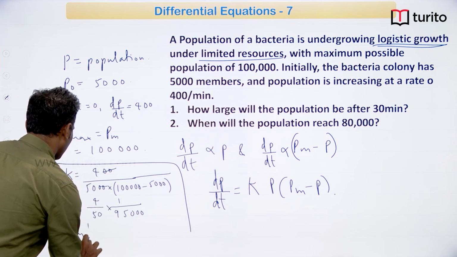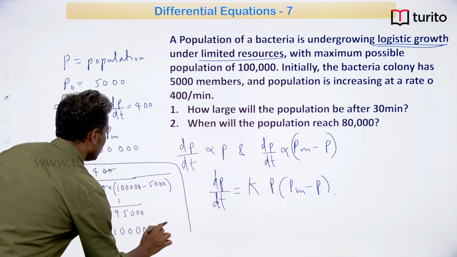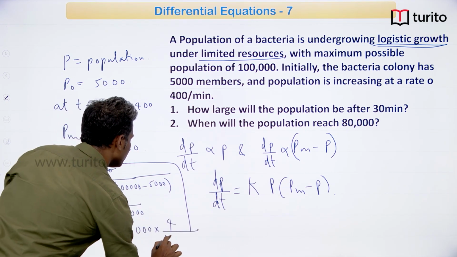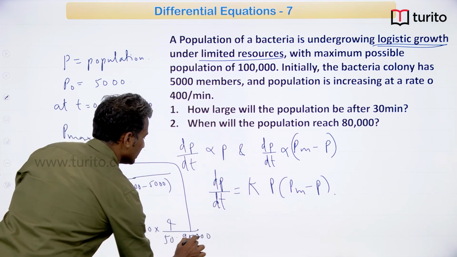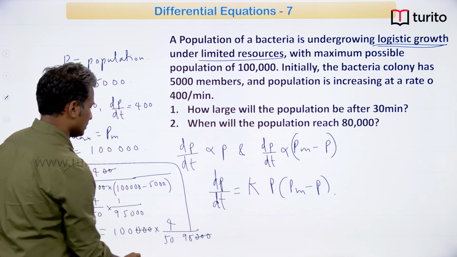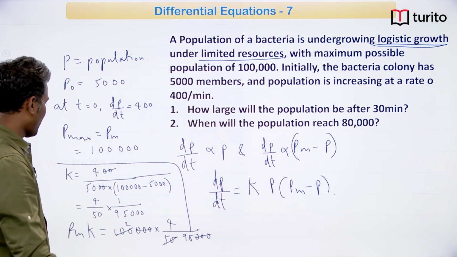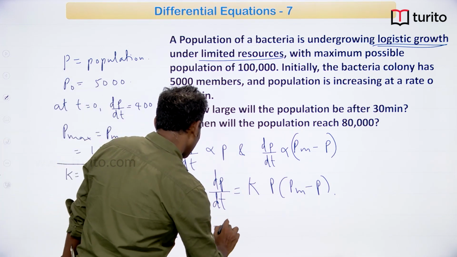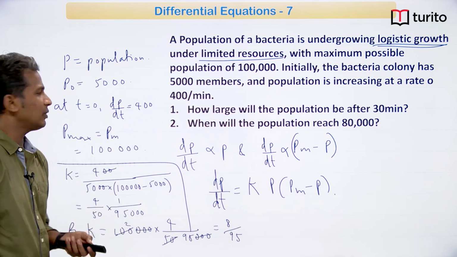Pm into k is equal to 100,000 into 4 by 50 into 95,000. Okay. So these 3 zeros will get cancelled. So 50 into 2 is basically 100. So we are basically getting 8 by 95. This is our Pm into k.